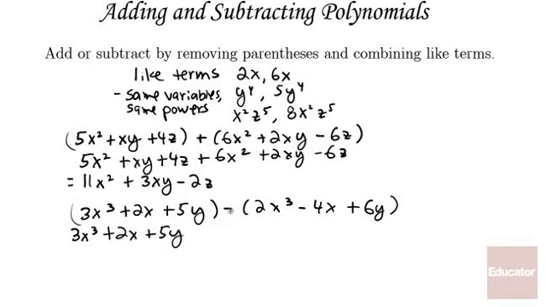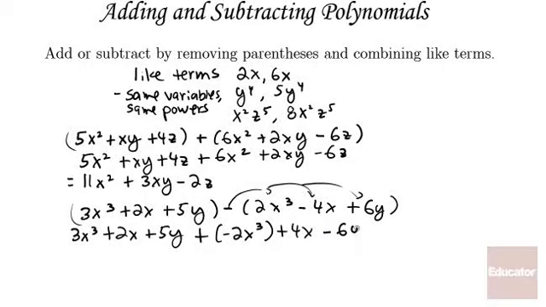Now, when there's a negative sign, in order to remove the parentheses, make this addition, and we're going to apply the negative sign to each term within the parentheses. So 2x cubed becomes negative 2x cubed. Negative 4x, so if I take a negative and a negative, I'll get plus 4x. If I take the negative and apply it to 6y, that's going to give me negative 6y.